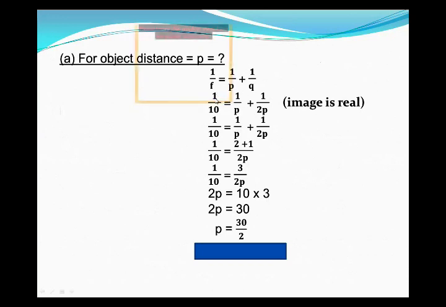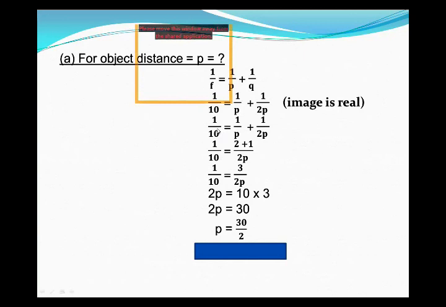F is 10, so 1 over 10 is equal to 1 upon p, which will remain the same because we are going to find the value of p, plus 1 upon q. In place of q, we will write 2p, because previously we found the value of q, that is 2p. This 2p will be positive because the image is real.